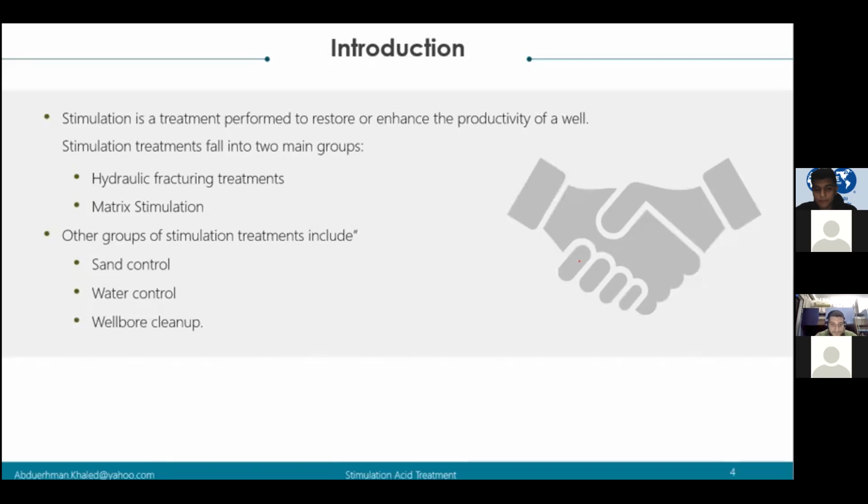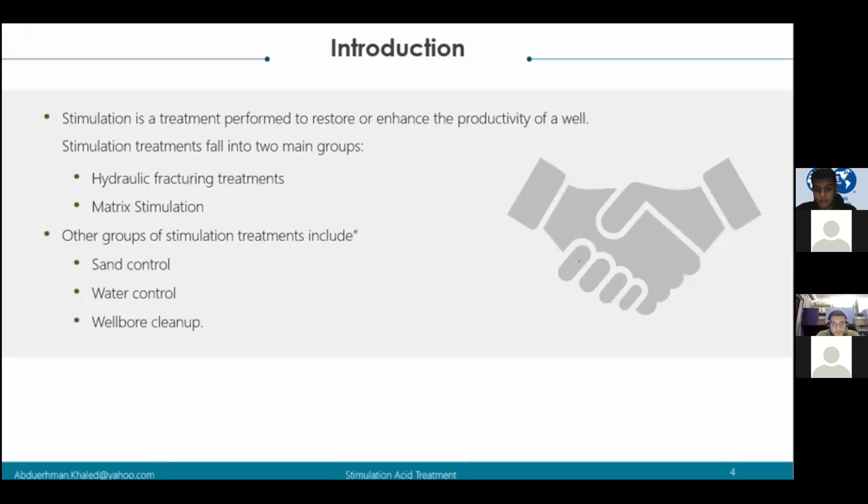There are other groups of treatments, including, let's say, sand control, where we prevent the migration of reservoir sand into the wellbore or near wellbore area. And sometimes the problem is about water control. So we can control the water that is being produced, and there are different means of controlling water, as we will see in this presentation.